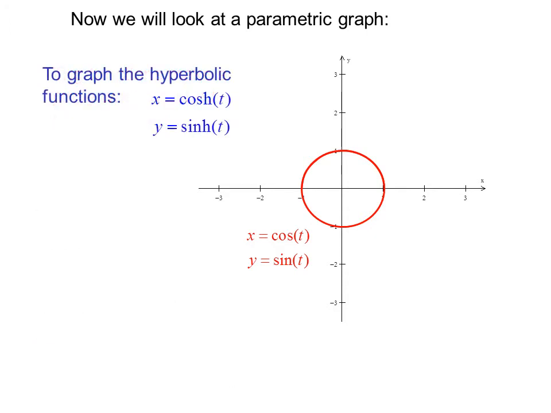To graph the hyperbolic functions, x equals cosh t, y equals sinh t, we can start with the identity cosh squared x minus sinh squared x equals 1, which we could also have written as cosh squared t minus sinh squared t equals 1.